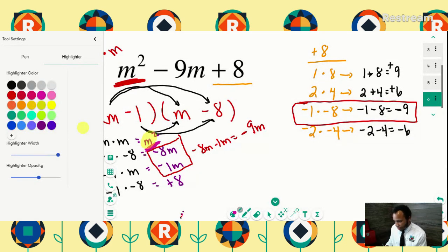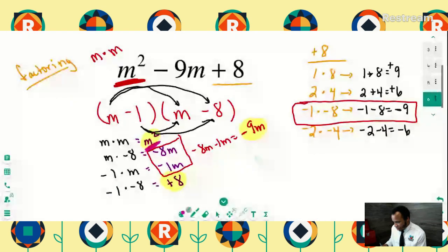We have m squared, -9m, and +8. So we have m squared minus 9m plus 8.